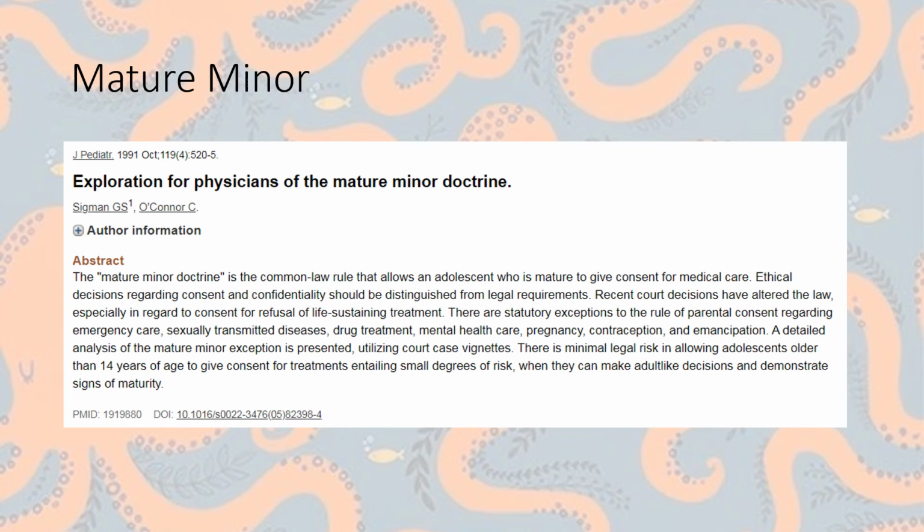So the court basically sided with the child in that case, and here it sets the age as 14, where a child could potentially understand well enough to make a decision on their own about the risks and benefits of something, and they consider that they're able to make what's called an adult-like decision, as long as they're able to demonstrate signs of mental maturity.